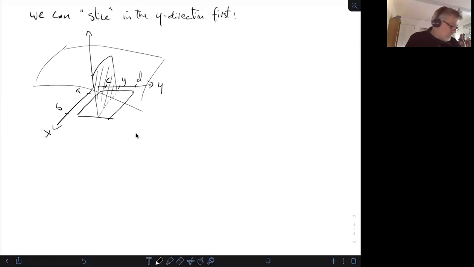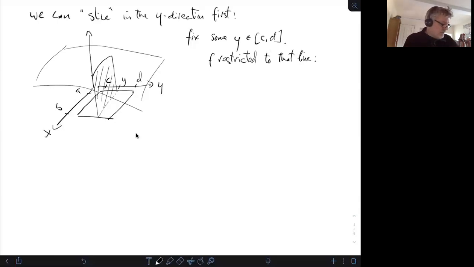We can fix some y between C and D, and we can look at f restricted to that line.